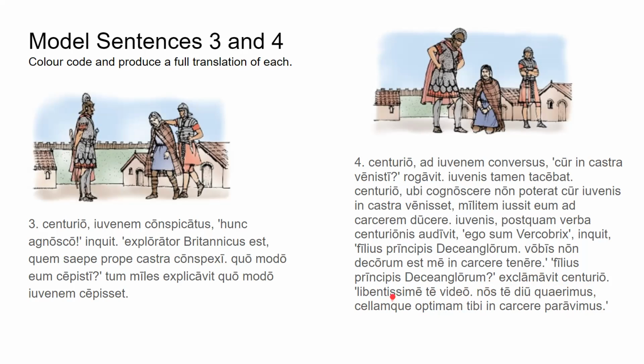So the word right before the que actually goes after the que when we translate it. And paravimus, and we have prepared a cellam optimum. So the very best cell for you, tibi. That's a dative of advantage, I suppose. We've prepared the best cell for you in carcere, in prison.